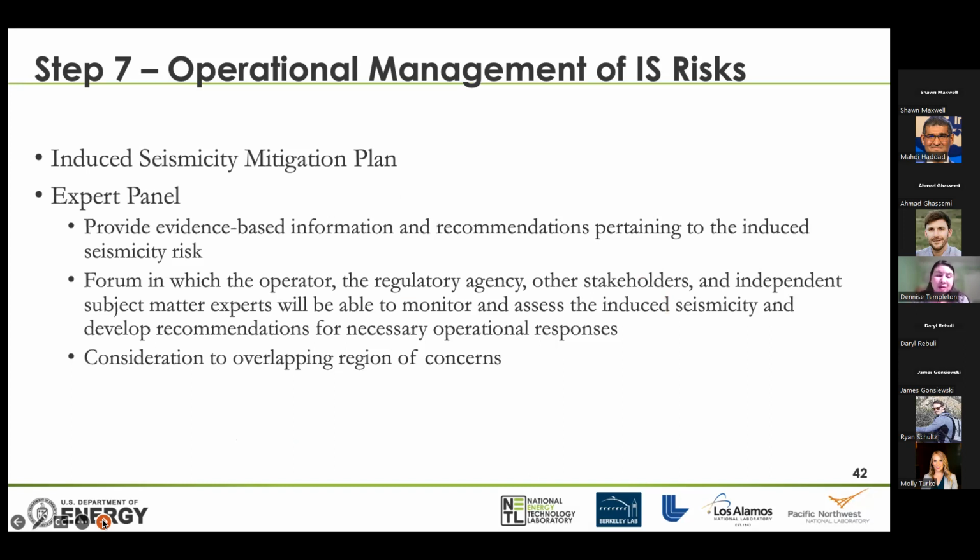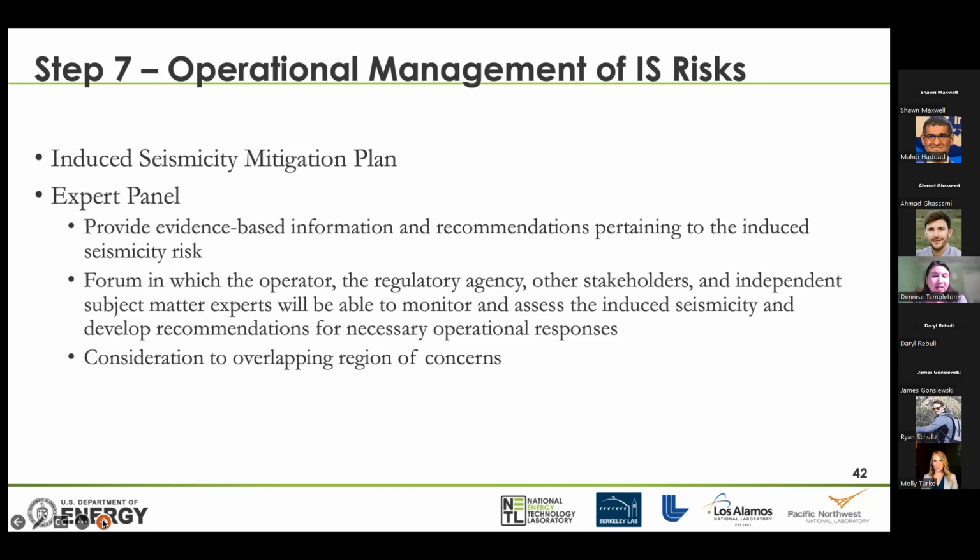We also recommend an expert panel. So this expert panel would provide evidence-based information and recommendations pertaining to the induced seismicity risk. So we want to create and promote a forum in which the operator, the regulatory agency, other local stakeholders, for instance, independent subject matter experts, can come together and monitor and assess the induced seismicity that's being observed, and develop recommendations for operational responses to that induced seismicity.